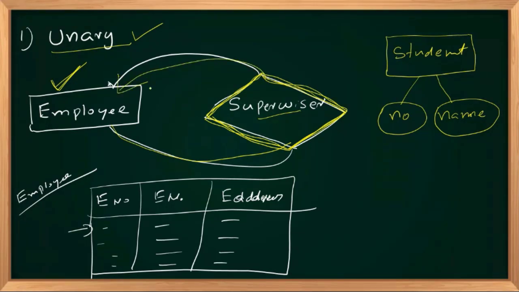So it's an example of a unary relationship. What is a relationship? An association or connection between one or more entities. Unary relationship consists of only one entity. The example is employee supervisor.